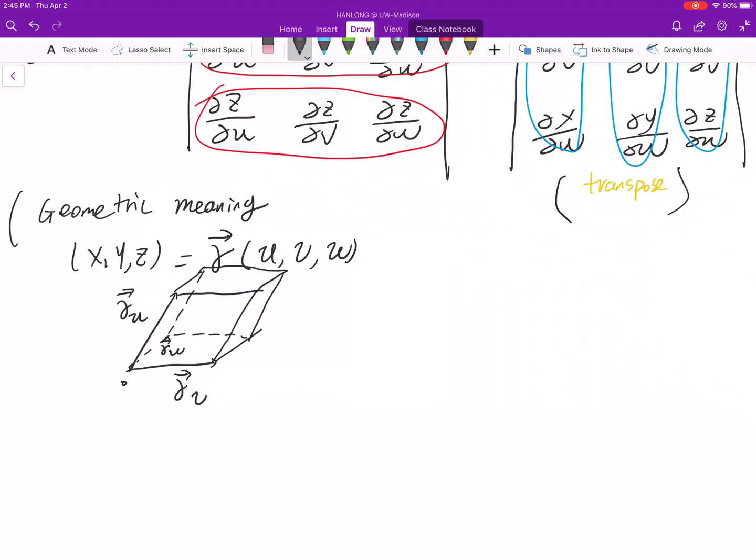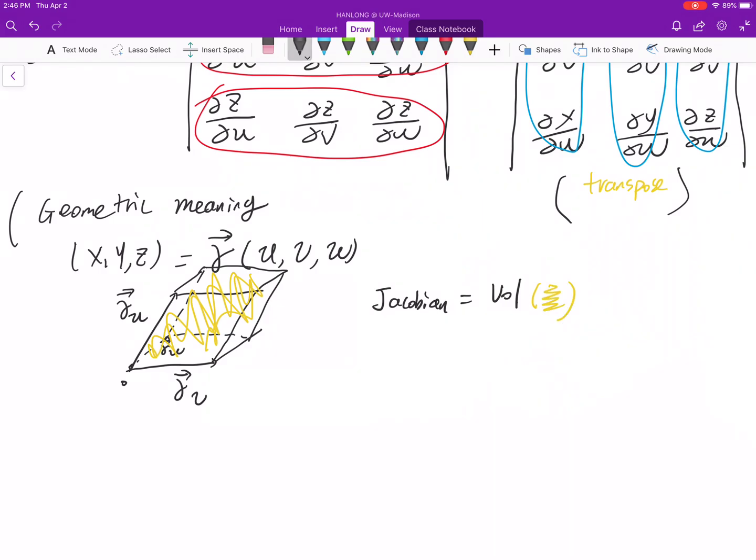So actually the Jacobian is the volume of the yellow part.